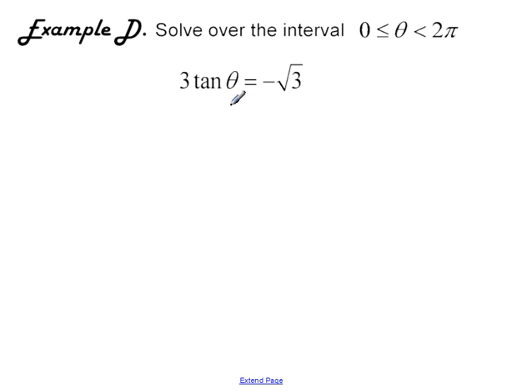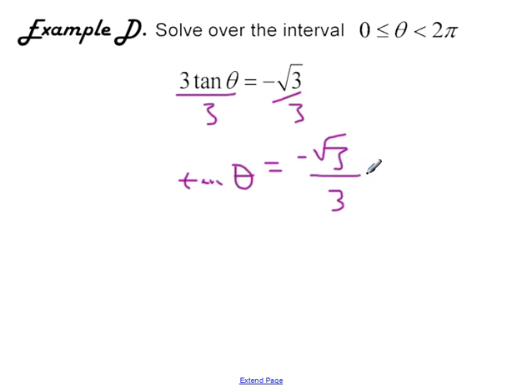Alright, lastly we have the tangent, and the reason I wanted to show you this is that when you solve it, it's hard to find an exact value triangle like that. However, if we unrationalize it, that fits some of the triangles we worked with. Drawing it out, tangent is negative here.